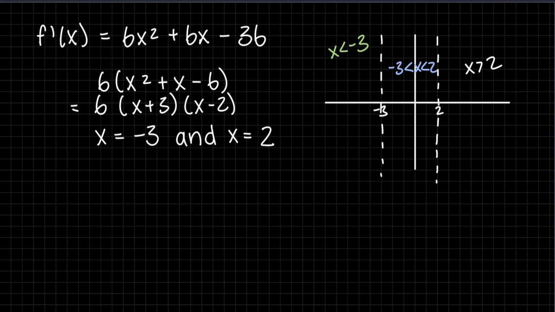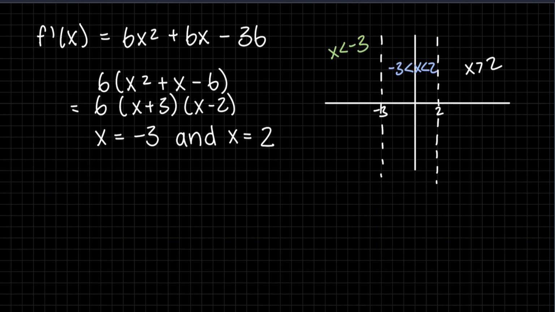To figure out what direction my line is going in, I would have to plug in a value for x that exists in each region and see if I end up with a negative number or a positive number in the equation 6x squared plus 6x minus 36. Let's take a look at the region where x is less than negative 3. So I'm going to choose a number that's less than negative 3, so say negative 4, and plug it in to my f prime of x.